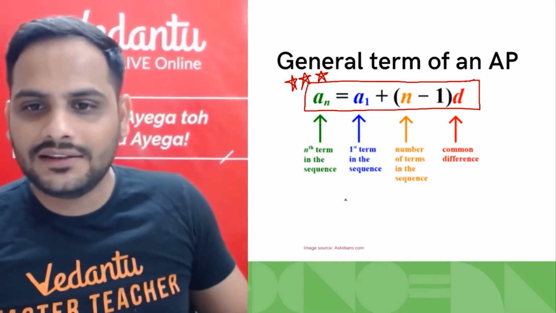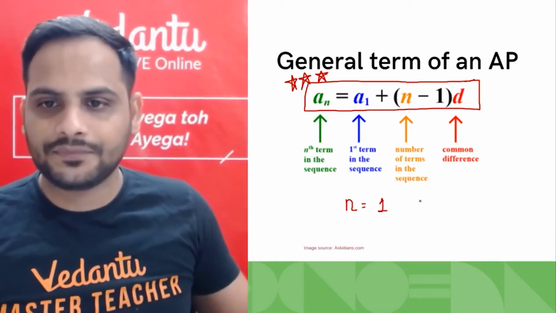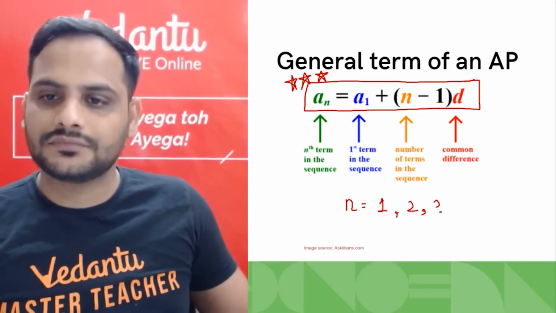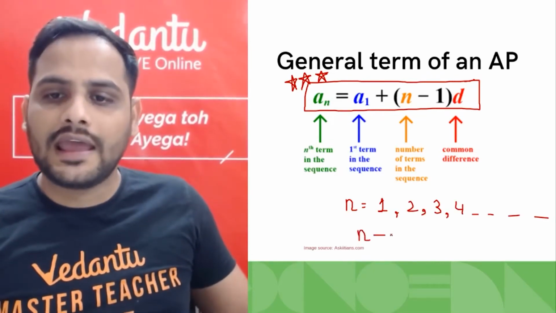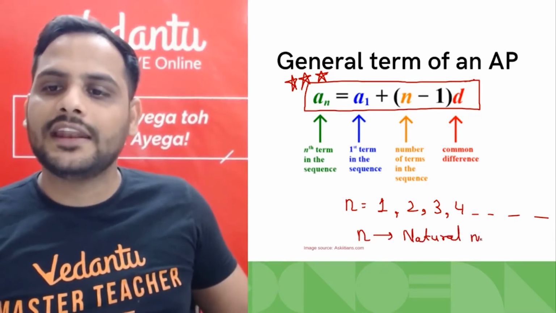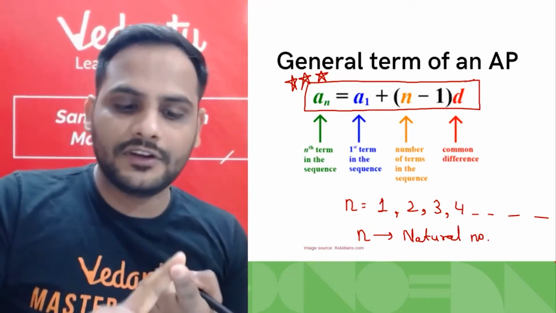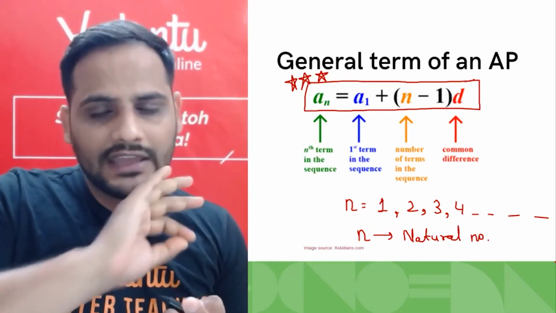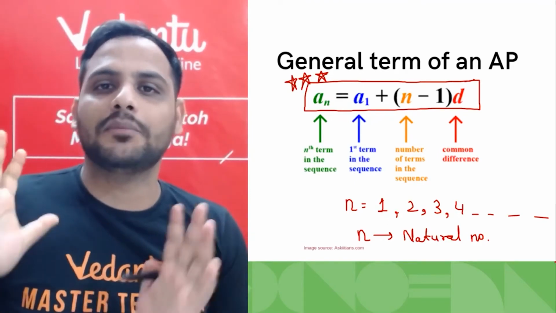So the minimum value of n is 1, which is the first term, then the second term, third term, fourth term, and so on. Remember, n can have only natural number values, whereas the first term and the common difference can have any real number value.